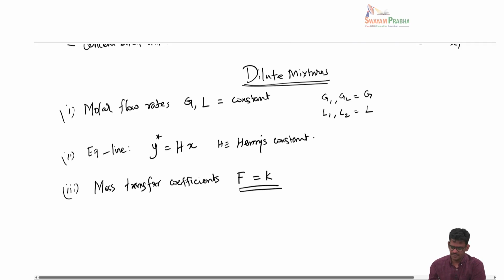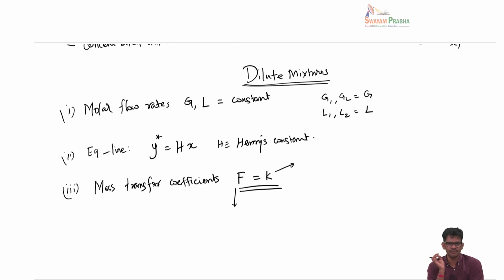Okay, so F type is something that we use generally for a concentrated mixture, K type something that we use for dilute mixtures. So when you look at this absorption-like problem where a single solute is transferring in the non-diffusing solvent, so A diffusing through non-diffusing B, kind of a mass transfer type, you will see that for the dilute case, F type and K type are analogous.